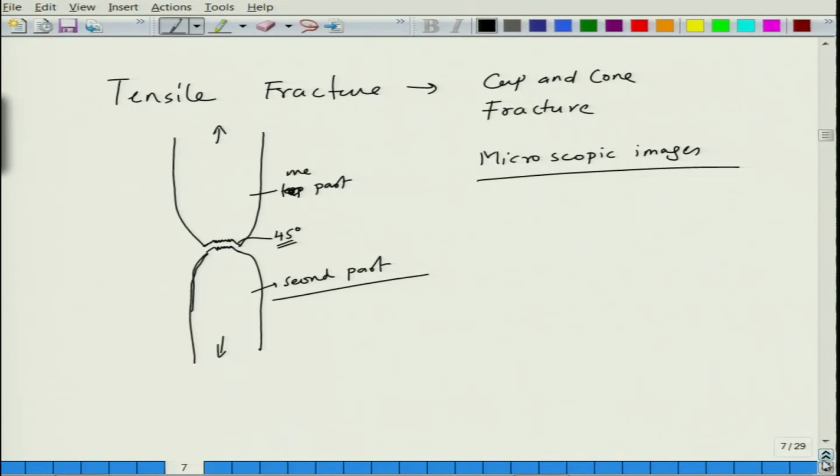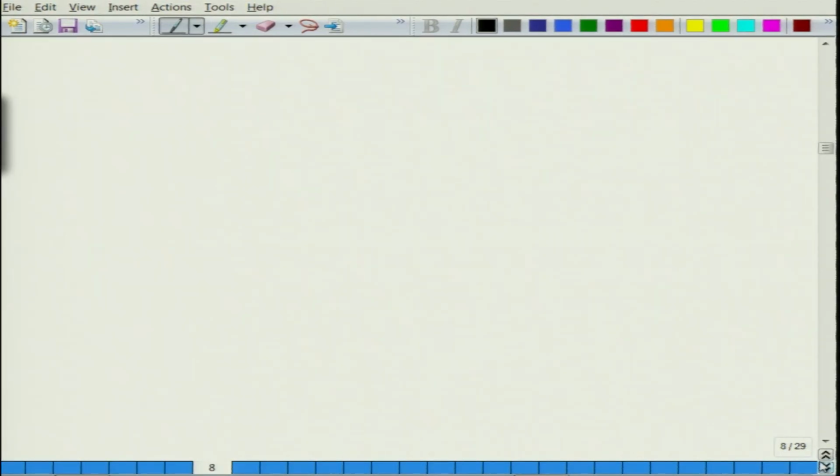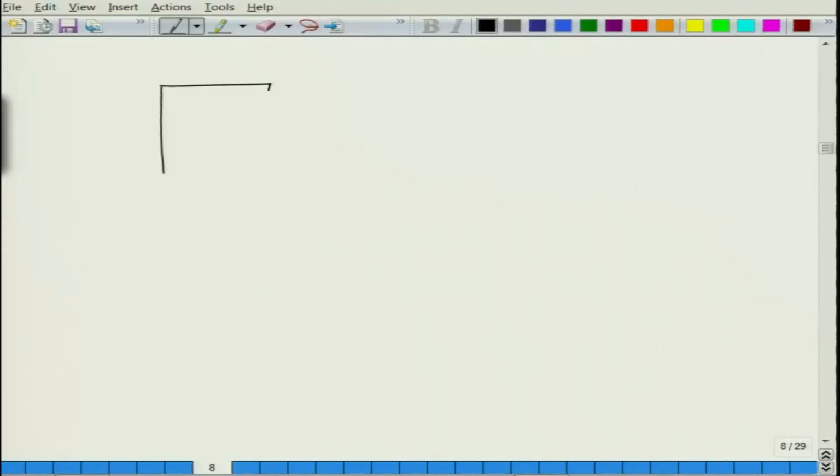Now, let us ask a question. We see that when you deform the material, there is an elongation, there is an increase in stress and so forth, and there is a change in shape. So, if you start from this shape, let us say, and if you apply stresses, it may deform in this fashion, something like this.